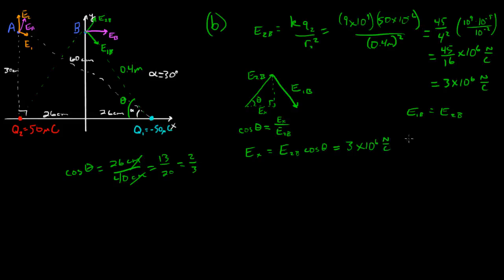That's EX. The length of EB is equal to 2 times that, because you'll have this other EX that contributes to the length of EB. So EB is right here. It's all of that. All right, so 2 times EX is just equal to 4 times 10 to the 6 newtons per coulomb.